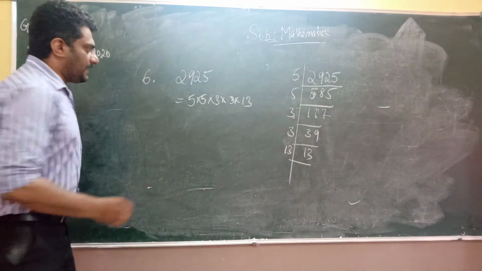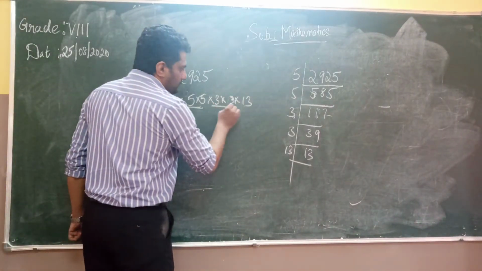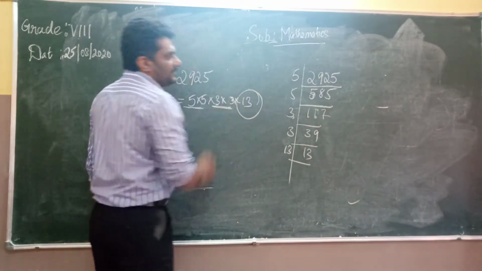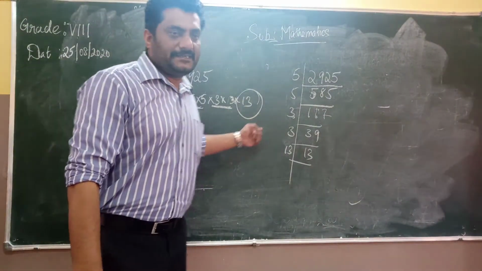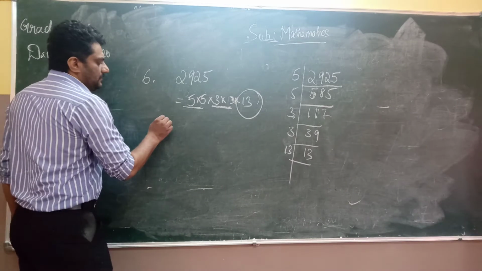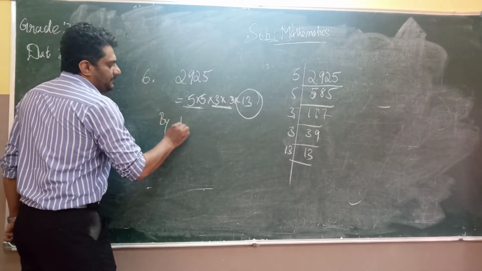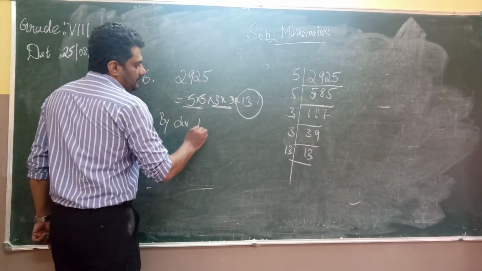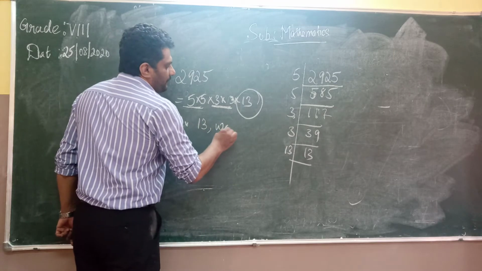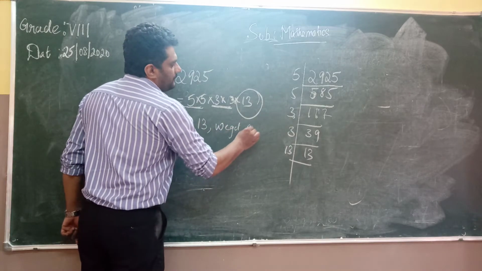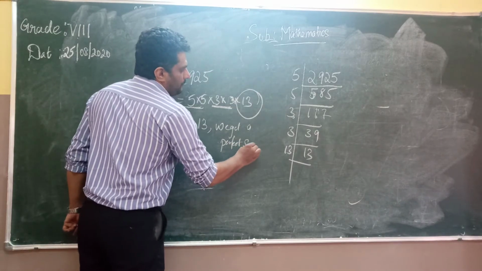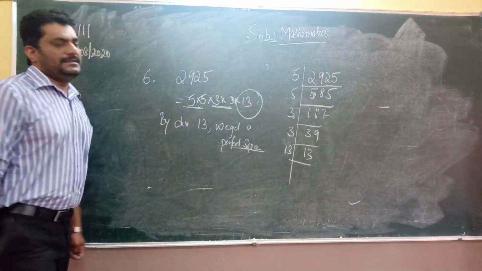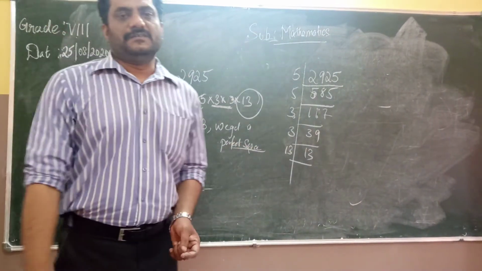Again check the same thing, group these numbers. This 13 does not have a grouping, that means we have to divide. So by dividing by 13 we get a perfect square.